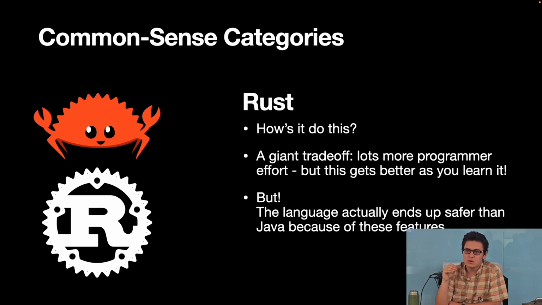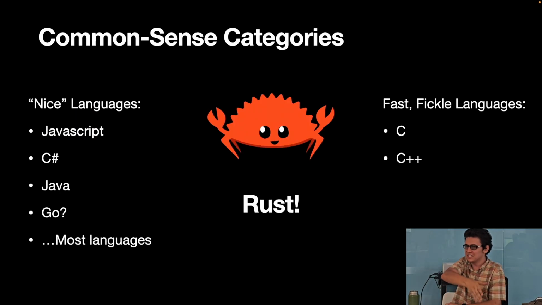But because Rust is so focused on saving you from yourself, not being a trickster, being nice, doing the right thing, and telling you if you're doing the wrong thing at compile time, it actually ends up safer. I won't get too clear on that, but it ends up saving you from yourself, I guess, in more situations than almost all of these languages on the left, right?